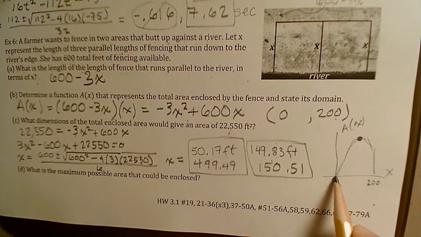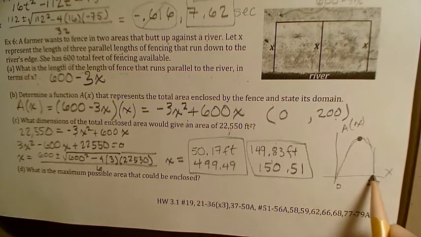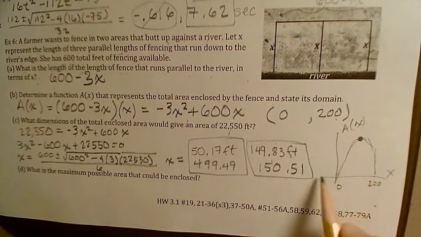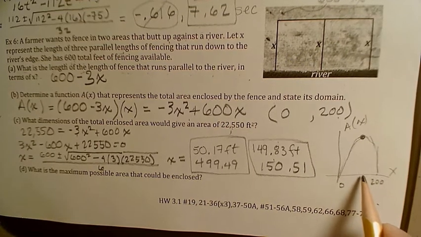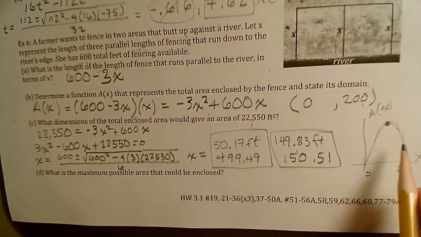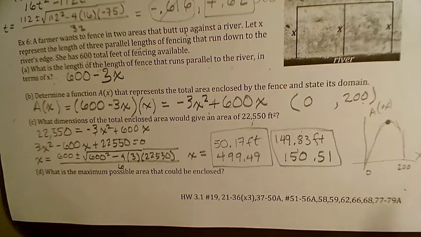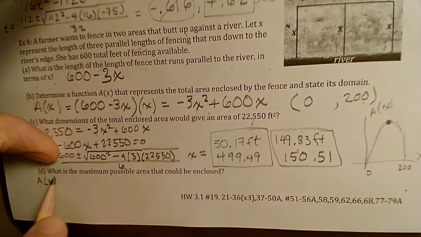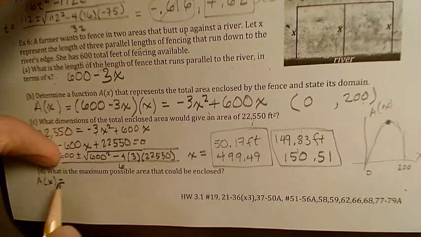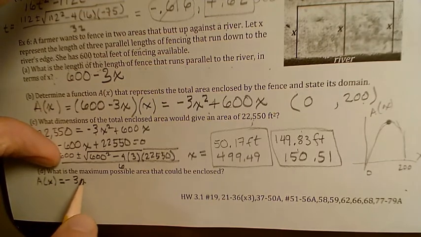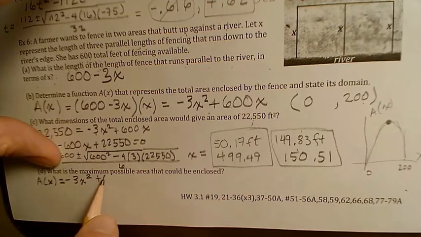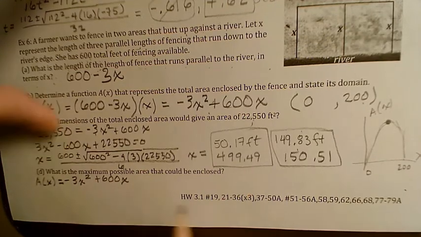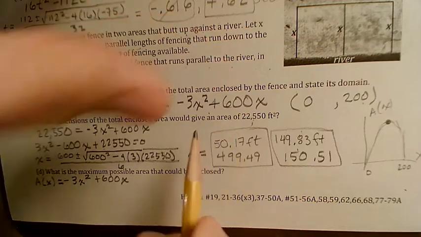If it's 0, the area is 0. If it's 200, the area is 0. Somewhere in between those. Let's write the equation again. We have A of x equals negative 3x squared plus 600x. That's that original function that we had up here.